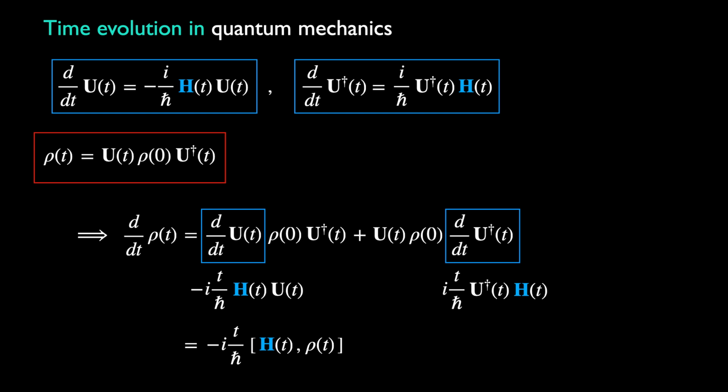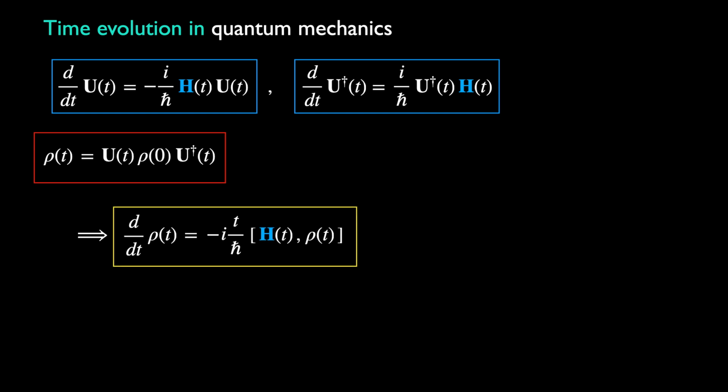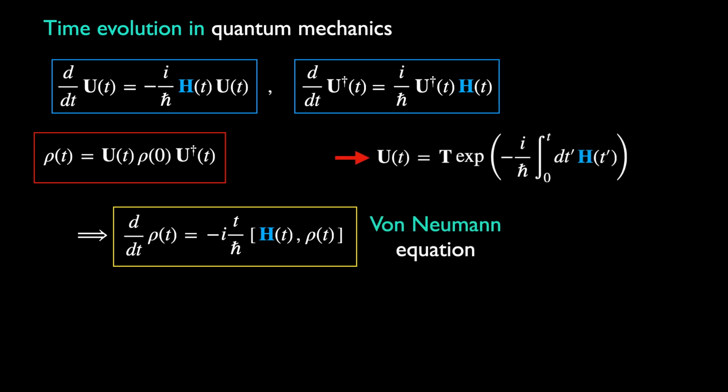Again, not surprisingly, we get an equation that preserves the same form as in the time-independent case. We have recovered the von Neumann equation for time-dependent H.